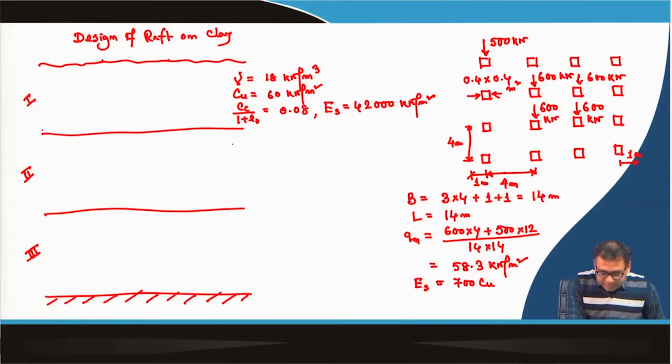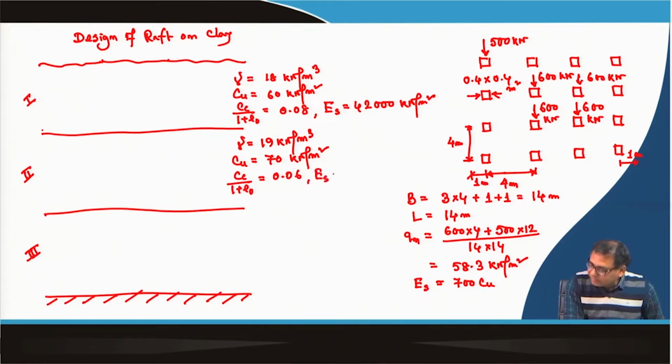For the second layer, unit weight is 19 kilonewton per meter cube, undrained cohesion is 70 kilonewton per meter square, Cc over 1 plus e0 is 0.06 and Es is given 49,000 kilonewton per meter square.